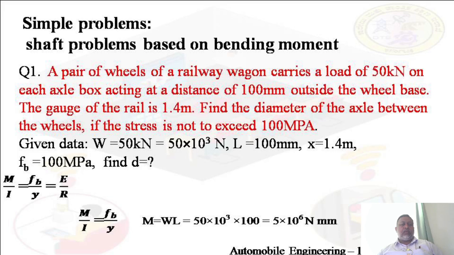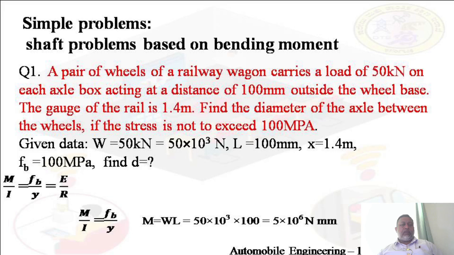That is, an axle box is provided to fix the axle. From there to its outside the wheelbase is 100 mm, and the gauge of the rail where the wheels will move is 1.4 meter. It has been given. Find the diameter of the axle.